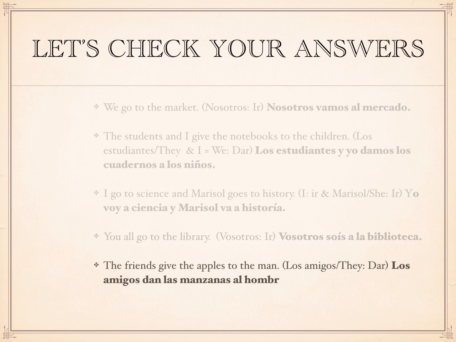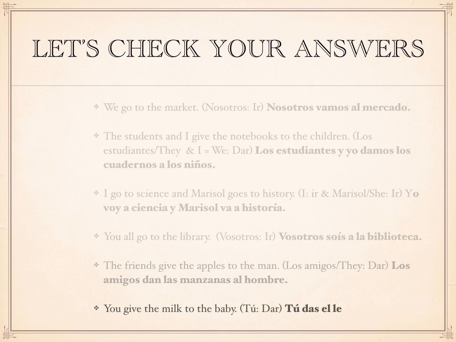Los amigos dan las manzanas al hombre. In our last sentence, you give the milk to the baby. If you are the one doing the action, then tú is our subject. Tú das la leche al bebé.